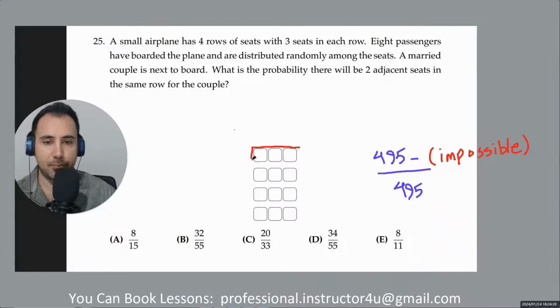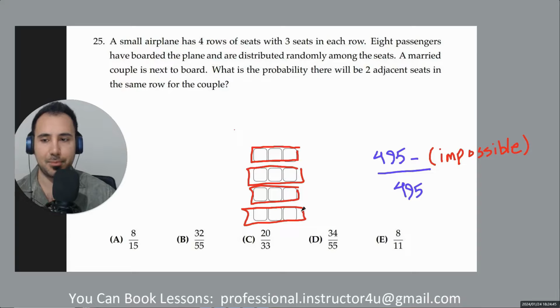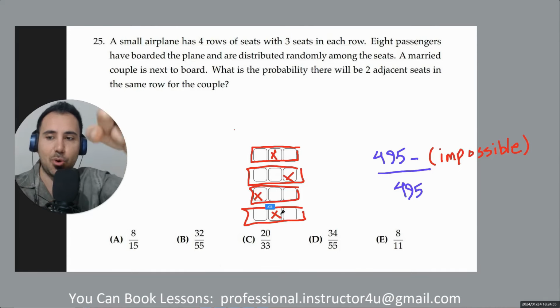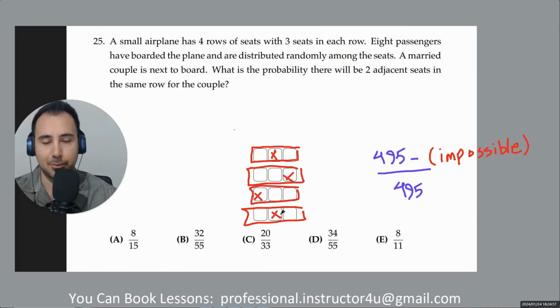Okay, do you agree? We have 4 rows. If in each row there is one empty seat, okay, then that's impossible. So for example, maybe this one, this one, this one, and this one. As long as there is one seat in each row, impossible for them. So let's count this first.